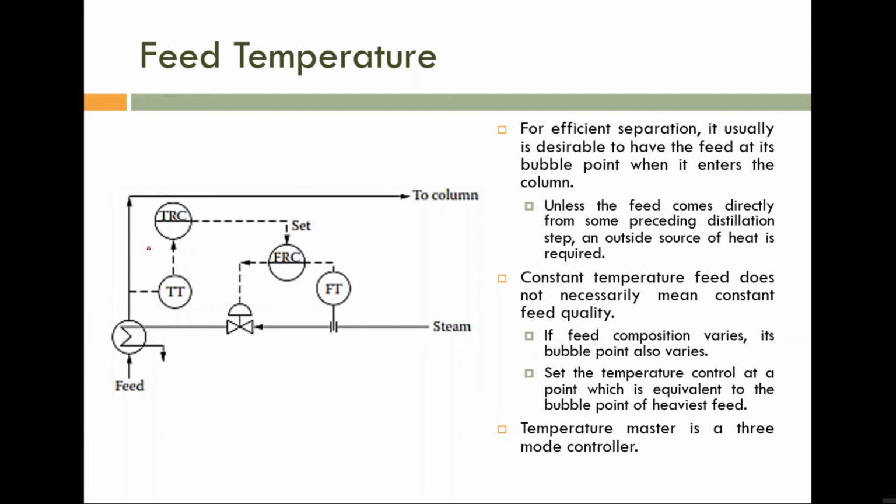Okay, so for that purpose, here the temperature of feed is measured. By using this temperature measurement, TRC is manipulating, for the time being I am not considering this FRC and FT. So by using this temperature measurement, TRC is manipulating the steam flow rate.